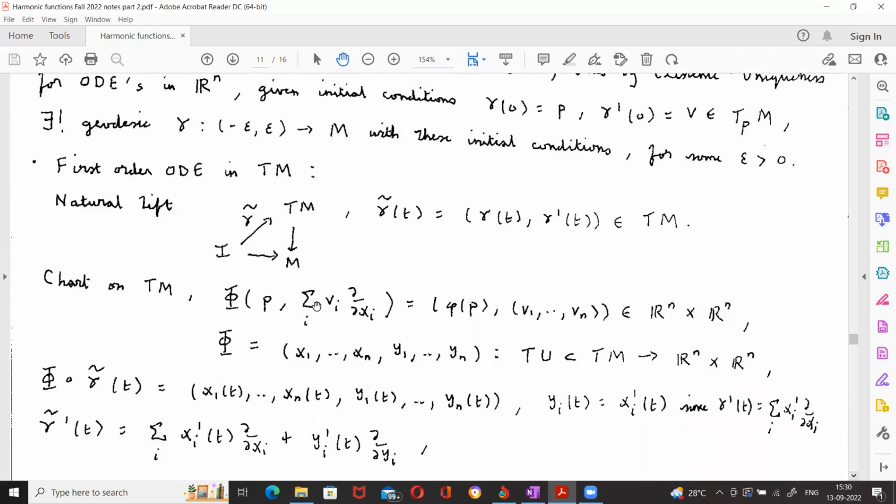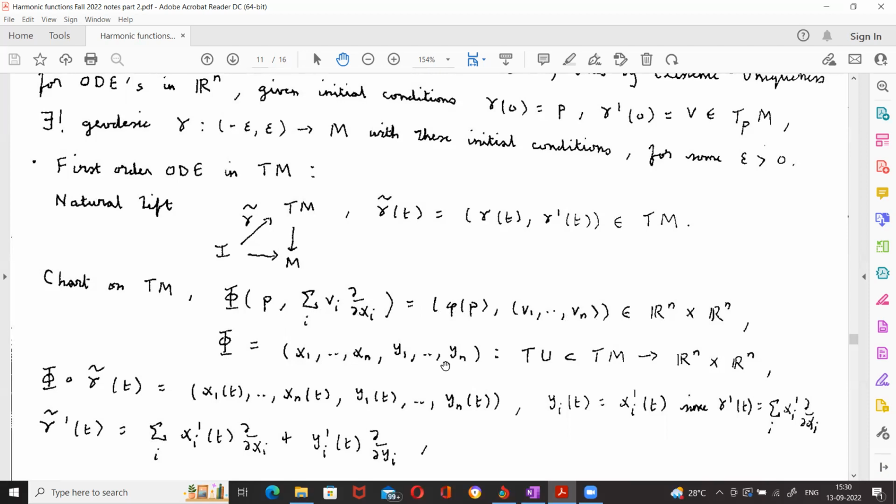Now let us look at this lift. Recall that we had charts on the tangent bundle, a chart capital Phi. Given the chart little phi, it maps a point P and a tangent vector summation Vi del/del xi to (phi(P), V1 to Vn) in Rn cross Rn. So Phi is given by a tuple of 2n functions, x1 to xn and y1 to yn.